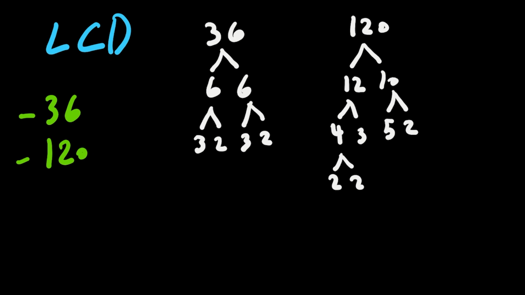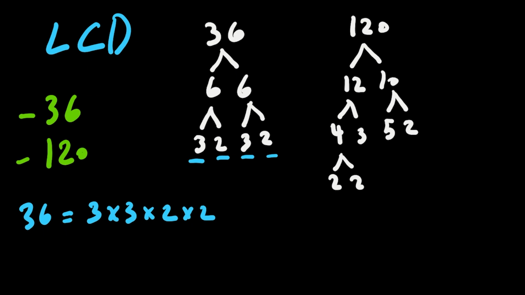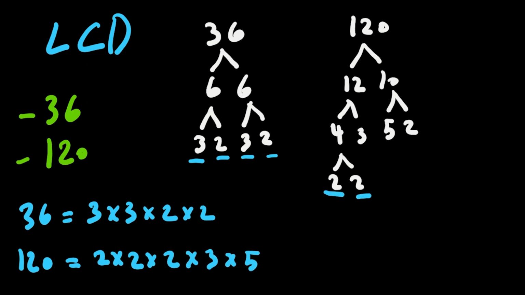So we have the factors now. For 36, it is 3 multiplied by 3 multiplied by 2 multiplied by 2. And for 120, it is 2 multiplied by 2 multiplied by 2 multiplied by 3 multiplied by 5.